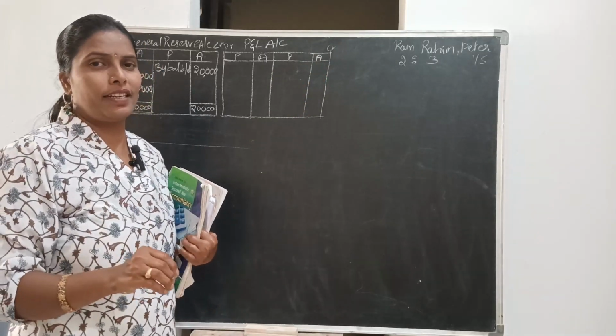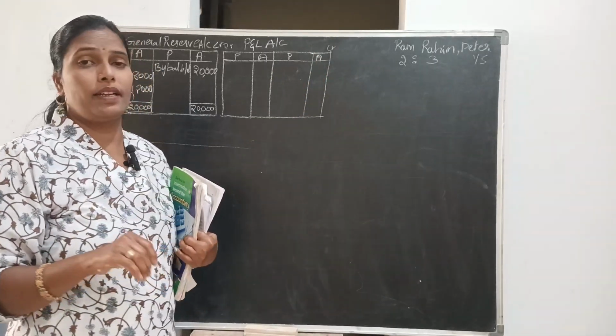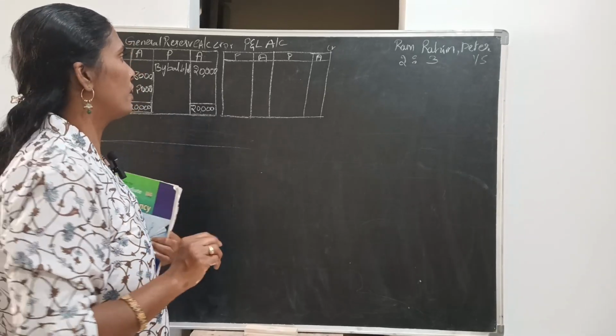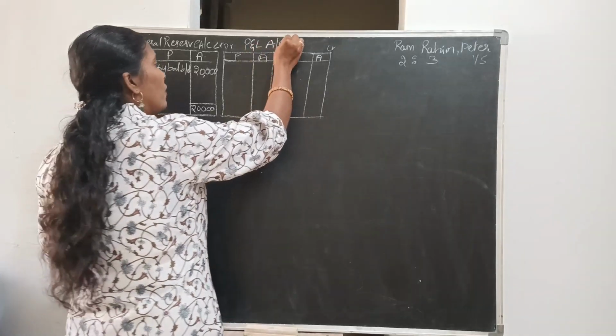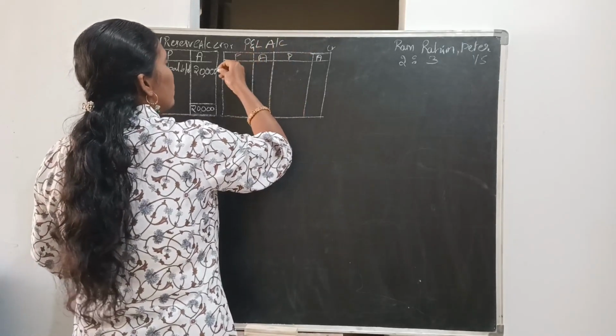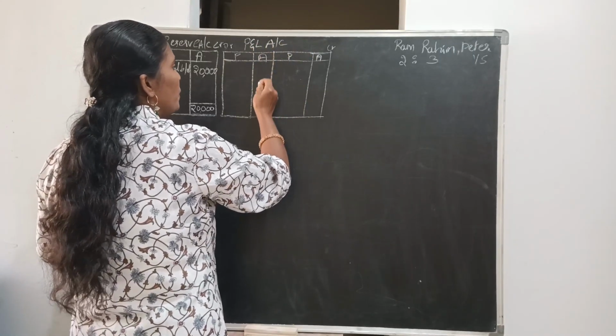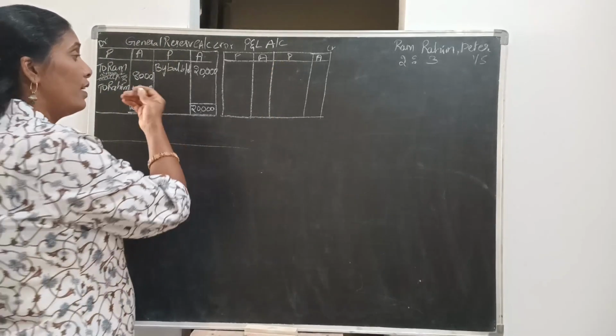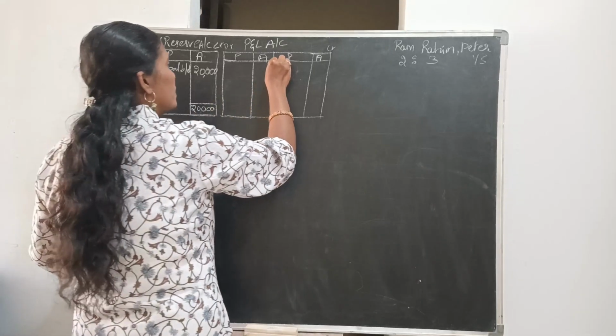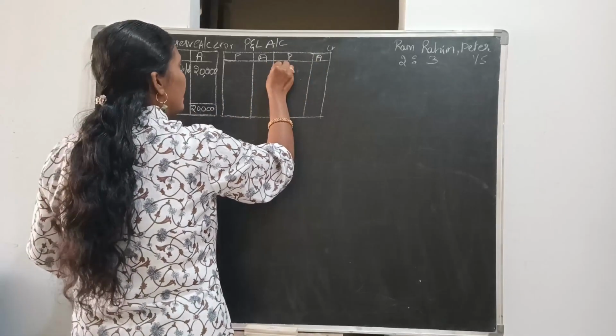Profit and loss account debtor to Ram capital account, to Rahim capital account. As I told you, profit and loss account we are debiting. So, write down to both. You need to distribute. Profit and loss account is on the liability side, so post it on the opposite side, means right side.